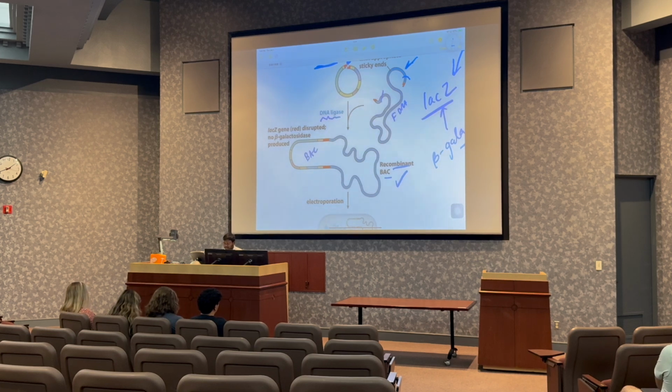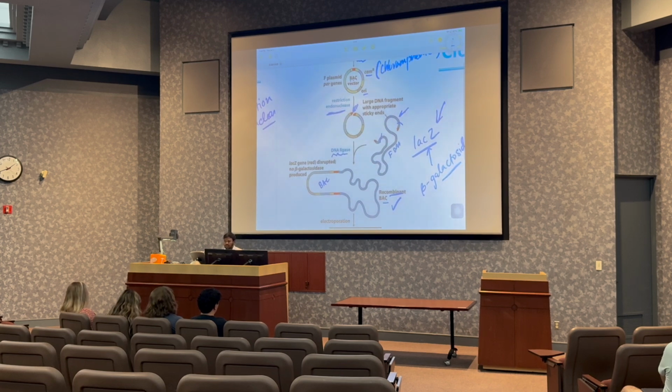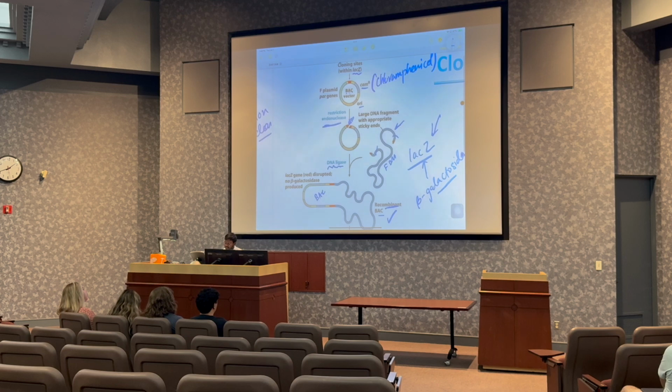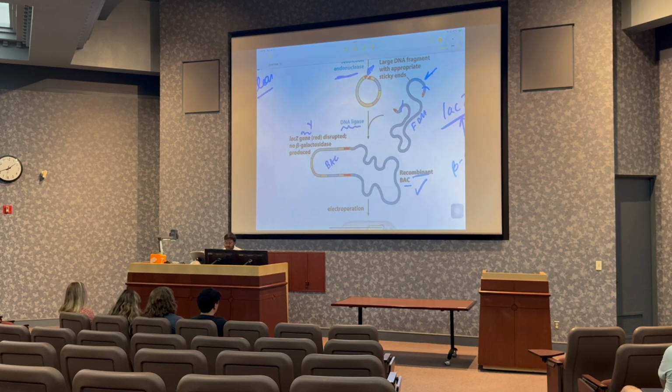When you insert a gene in the ampicillin resistance gene, the ampicillin resistance property gets lost. Similarly, when you add a gene here in the cloning site of lacZ, this gene will be disrupted, right? And it will no more code for the beta-galactosidase enzyme. Why are we interested in knowing that?